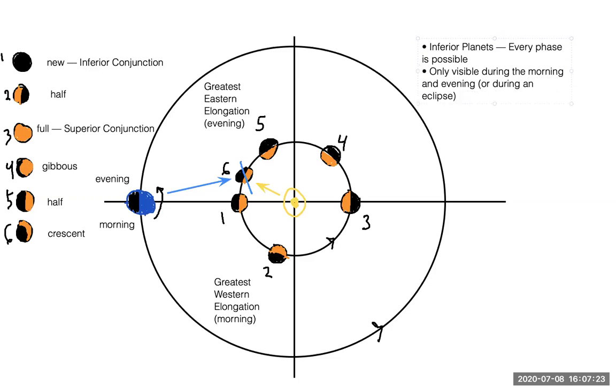Yeah, I cannot type today. And the reason for this is the planets are close to the sun. So since they're closer to the sun, they only appear near the sun on the plane of the sky. And unlike our superior planets, there are actually 2 conjunctions and no oppositions.